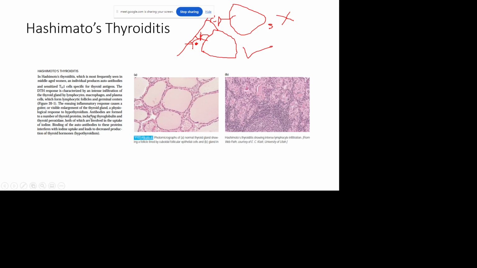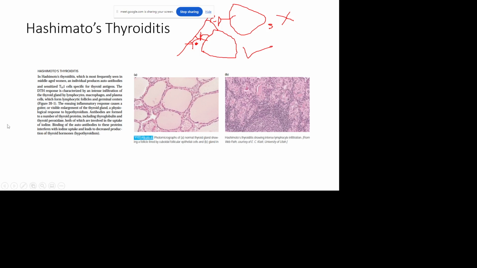So antibodies are formed against the thyroid proteins, thyroglobulin and thyroid peroxidase, both of which are involved in uptake of iodine, right? So the antibodies will block thyroglobulin and thyroid peroxidase in the gland.